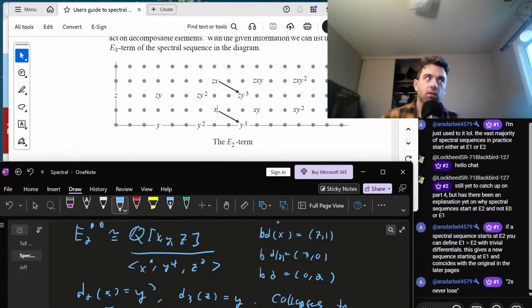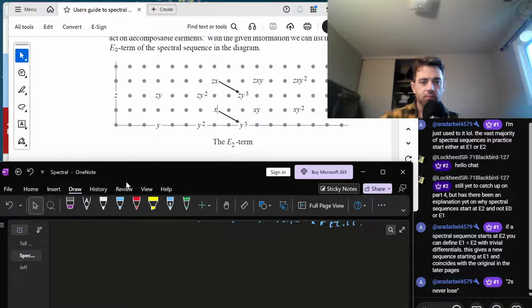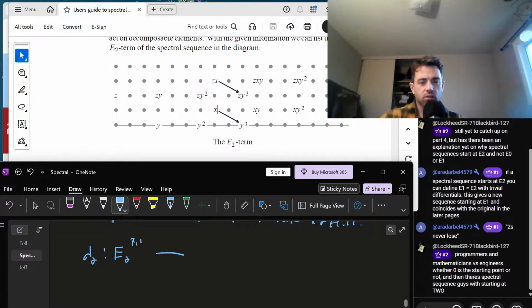If you multiply things, you should add bidegrees. So y cubed should have bidegree 9. And then on the E2 page, if x is in 7, 1, d2 on E2 7, 1 should go to E9. Nice. That's what we wanted.